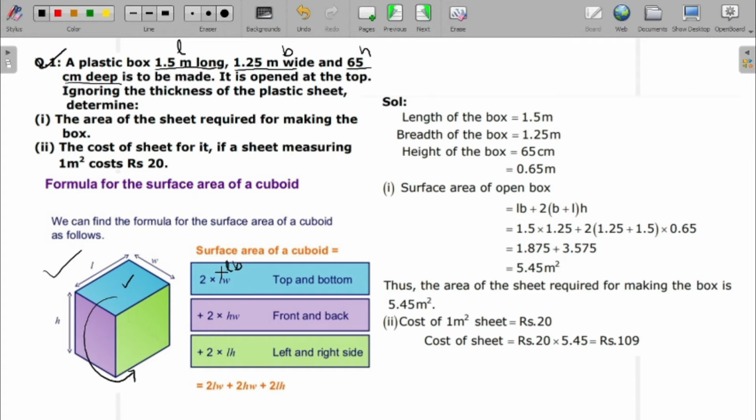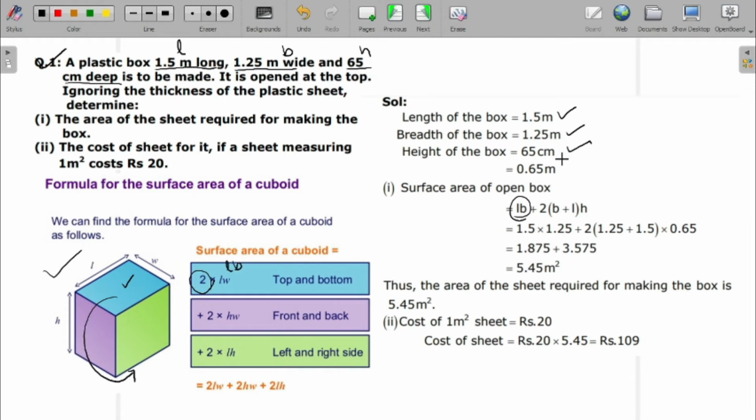To find the surface area, we will use this formula. Here it is length into breadth only once in place of 2. Why? We are ignoring the top, the rest is as it is. Here this is the length, as I told you, this is the breadth, and this is the height.